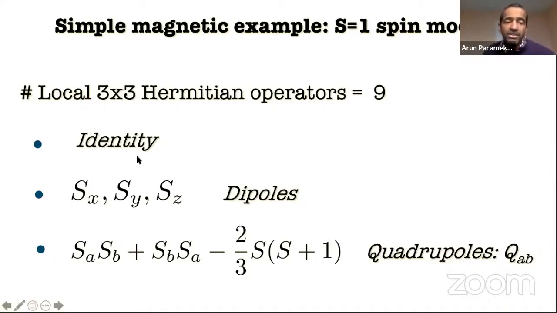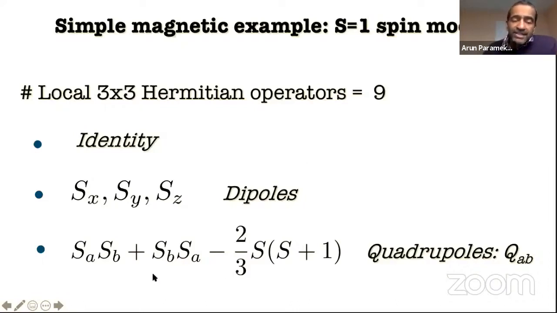You have 9 Hermitian operators, which include, aside from the identity and the usual dipole operators, these quadrupole operators which involve products of the spins, like Sx times Sy, Sy times Sx, a set of 5 quadrupole operators that one can define for the spin 1 problem.